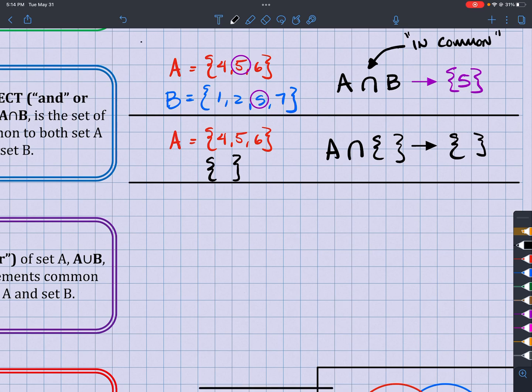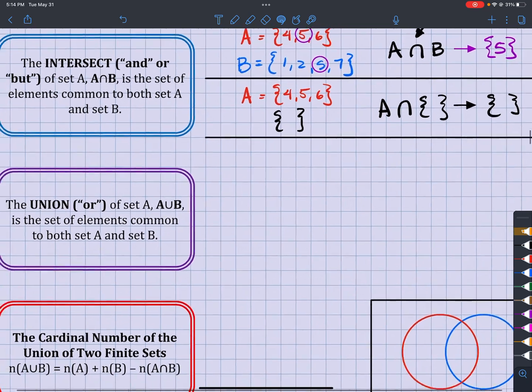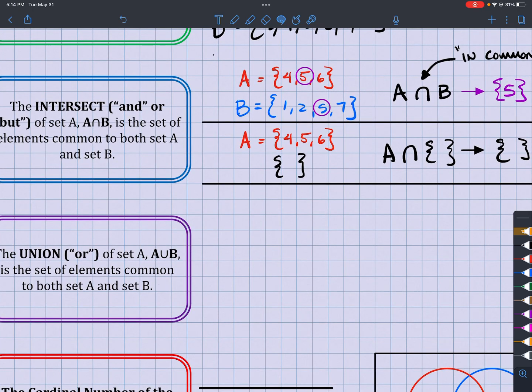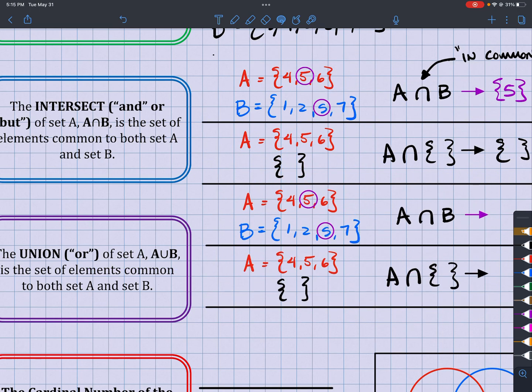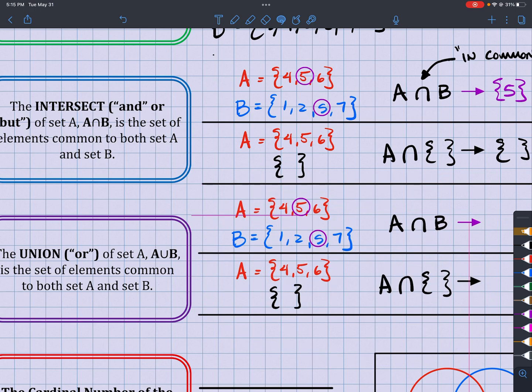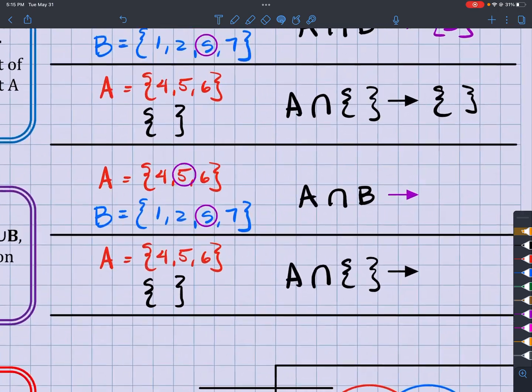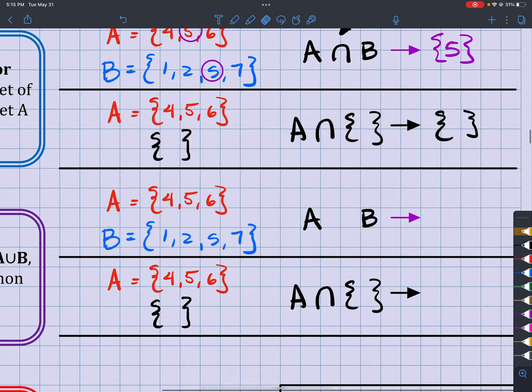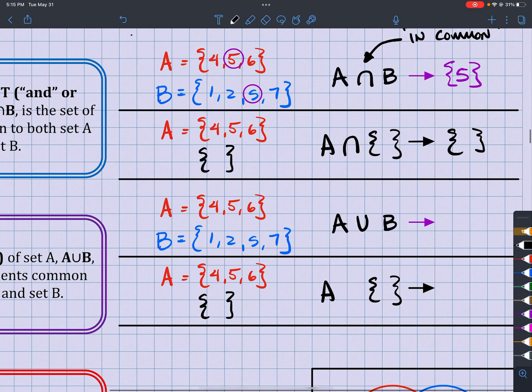All right. So with that being said, now let's get into the union. Okay? Like a marriage, right? So let me go ahead and erase this here and this. I want a union now.